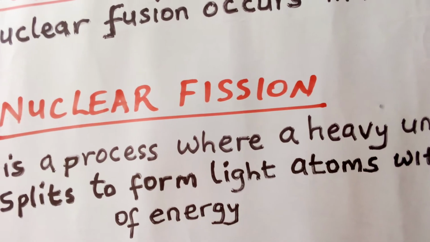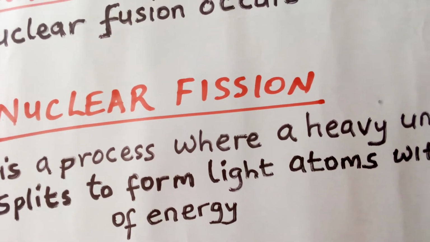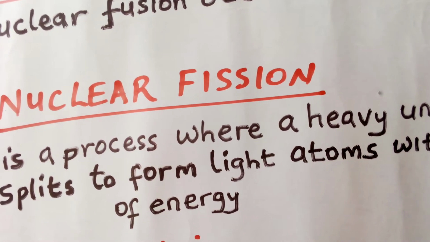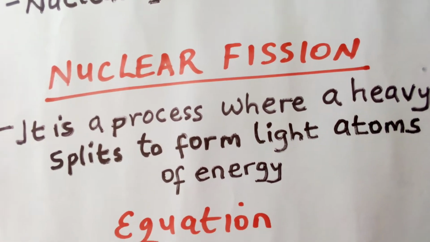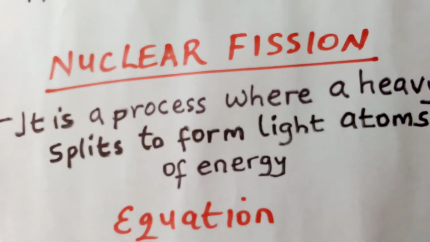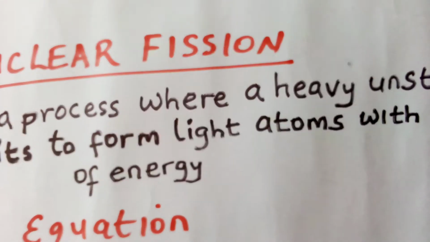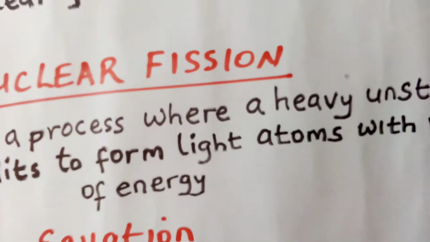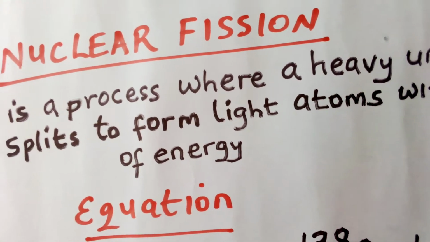So this one is a reverse of the other one. Why does that atom split? Because it is unstable. Because it is unstable, it ends up splitting, and after splitting, it forms light atoms. And in the same way, when these light atoms are produced, energy is also released. That's why we say with the release of energy.